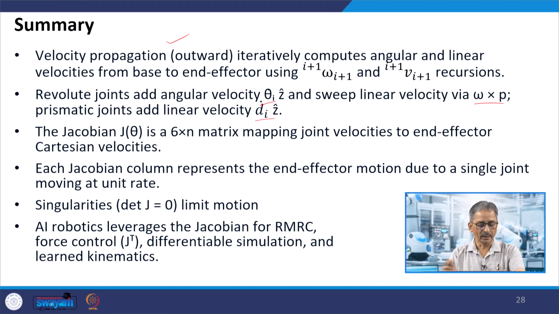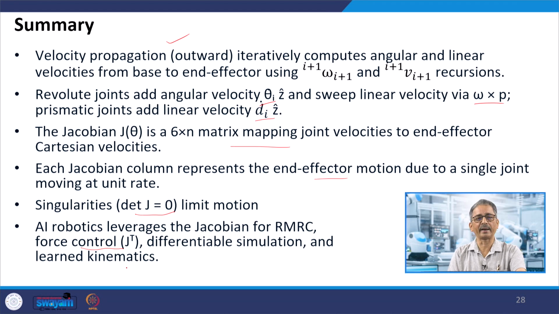The Jacobian maps from the joint space to the Cartesian space. Each Jacobian column represents the end effector motion due to a single joint moving at a unit rate. Singularity is where the determinant becomes 0, and it limits the motion. AI robotics leverages the Jacobian for RMRC.